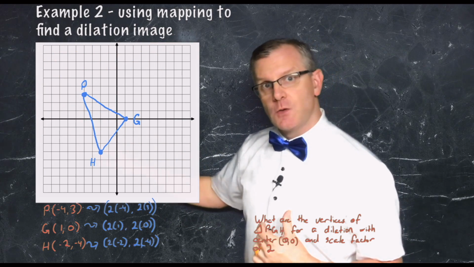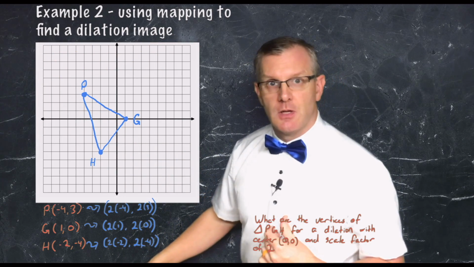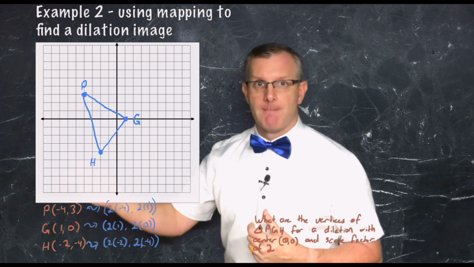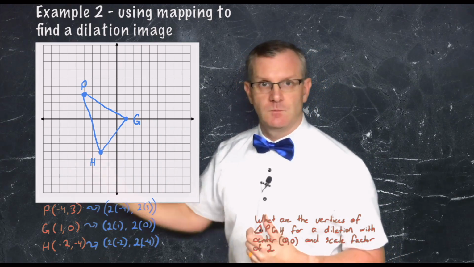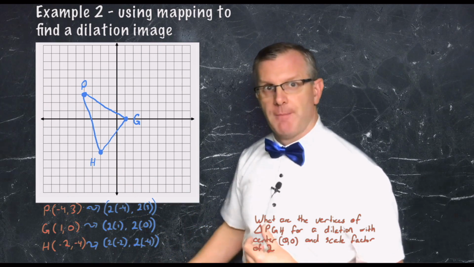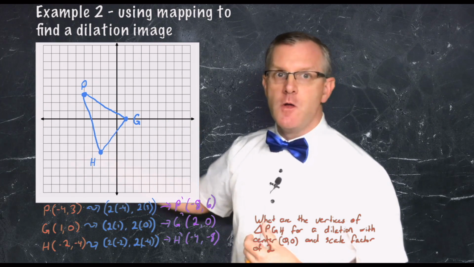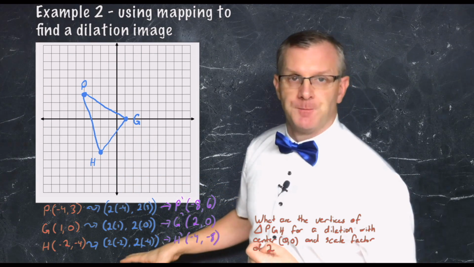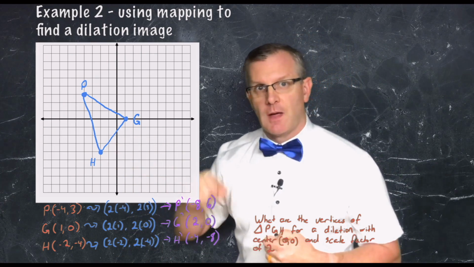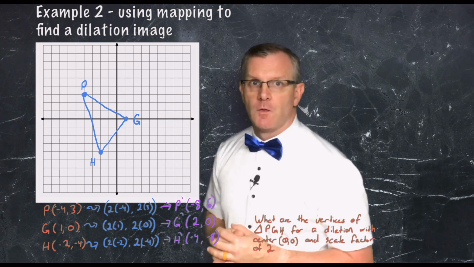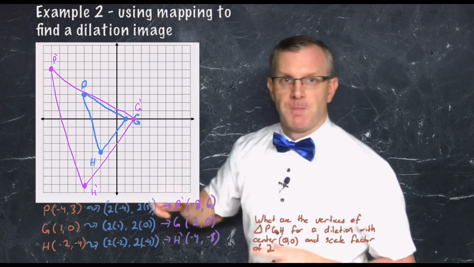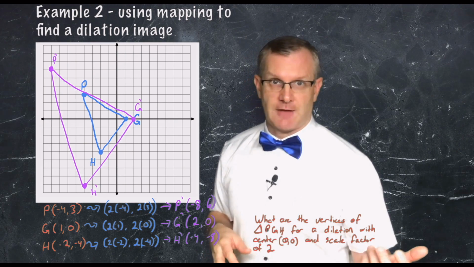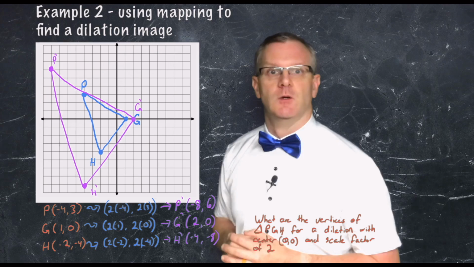We take our grid coordinates for P, G, and H and multiply each x and y by 2, giving us our new P prime, G prime, and H prime. Once we have those points, we can plot them on the coordinate grid, connect them, and we have our new image after a dilation with a scale factor of 2.